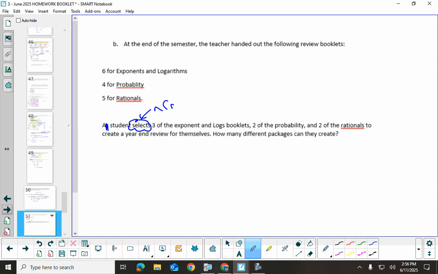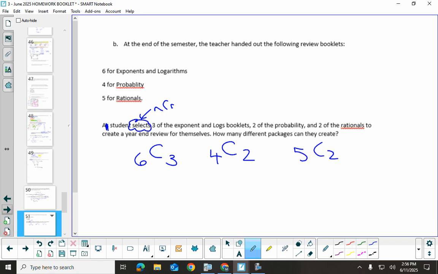can they create? So exponents and logs, you've got 6, you're selecting 3. Probability, there's 4, you're selecting 2. Rationals, there's 5, and you're selecting 2.